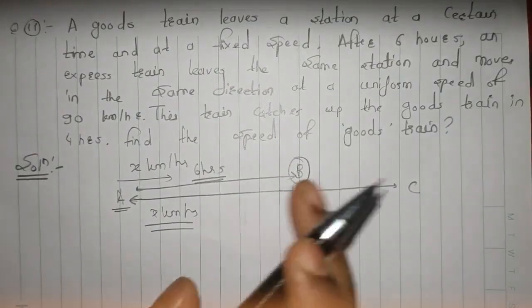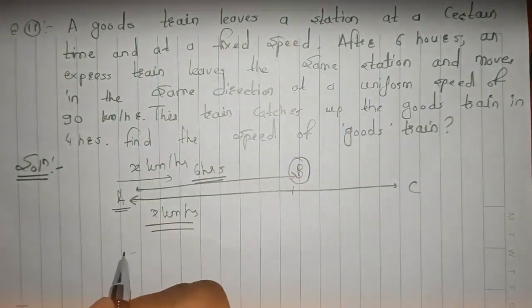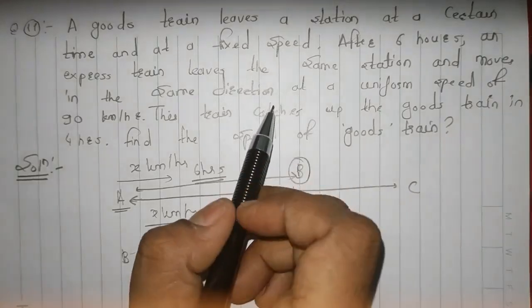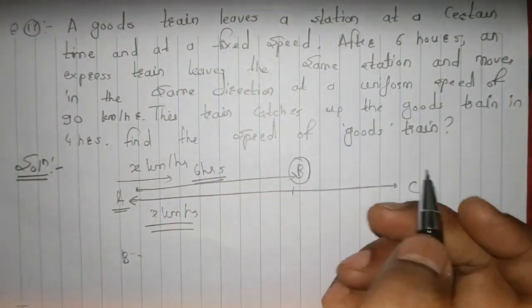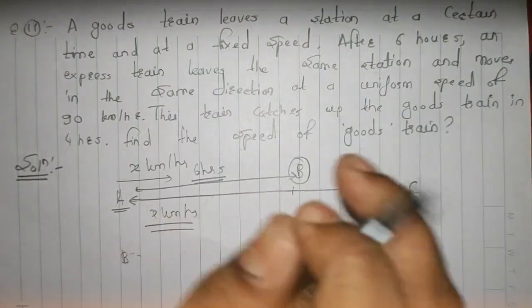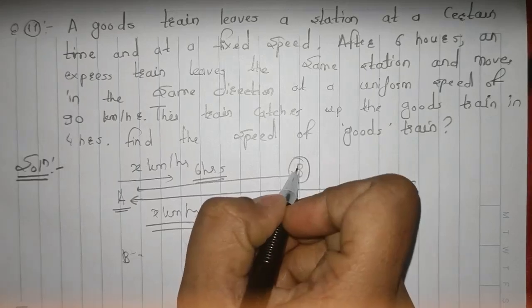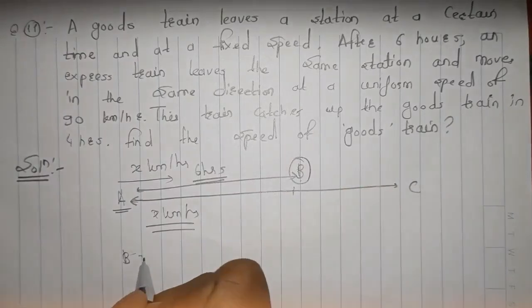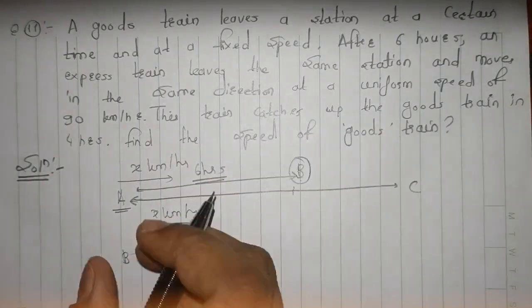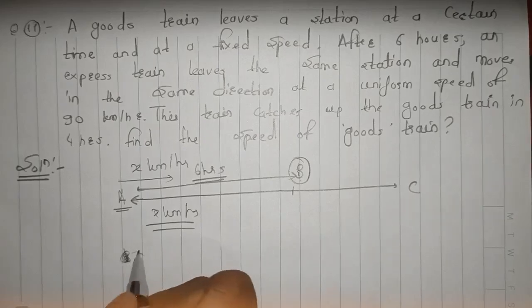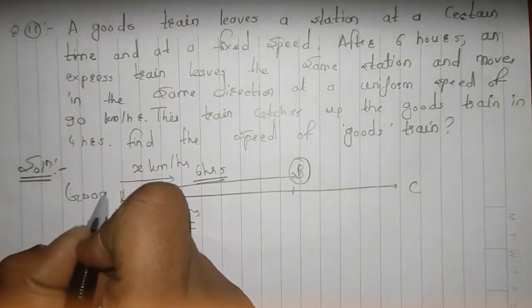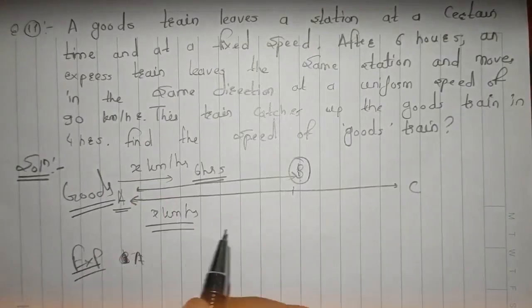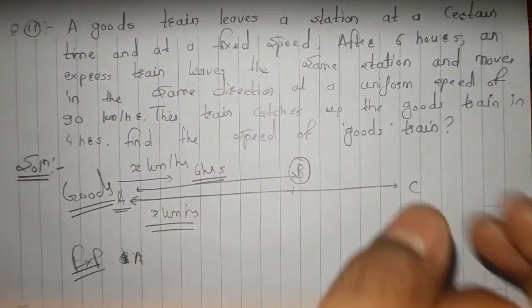Now after 6 hours our express train starts moving, and they catch each other in 4 hours, which means what? After 6 hours the goods train has reached point B. Then after 4 hours they are meeting each other.